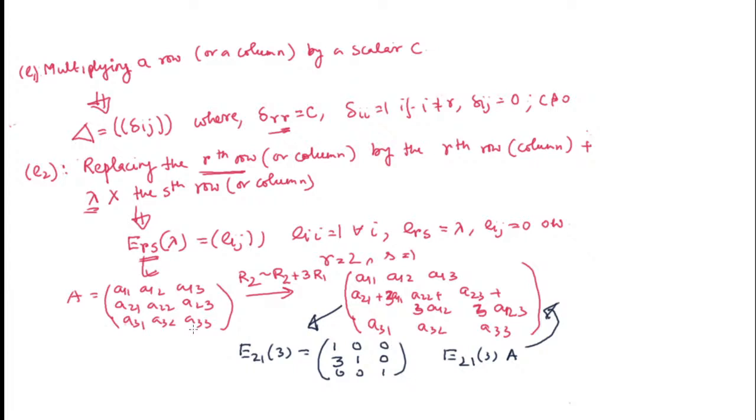If you apply the row operation, then you pre-multiply, and if you apply this on column, okay, thank you Shoini, suppose you change the second column by this, this is nothing but a post multiply, post multiplied by this matrix E2 1 3.